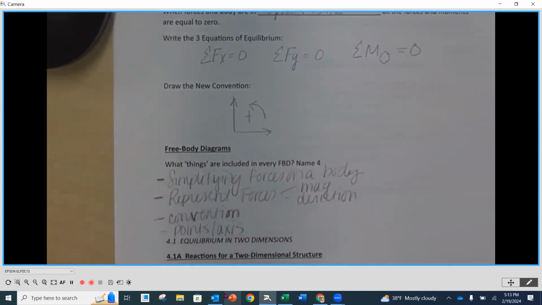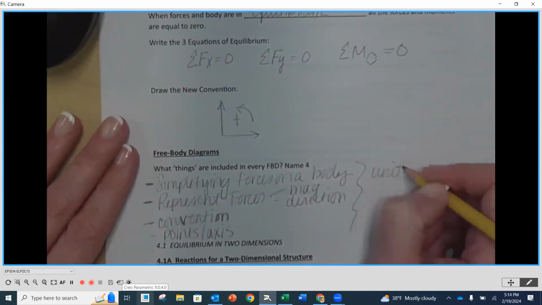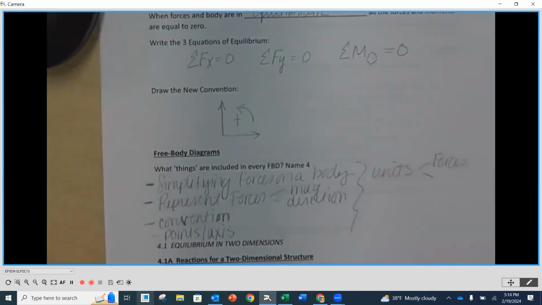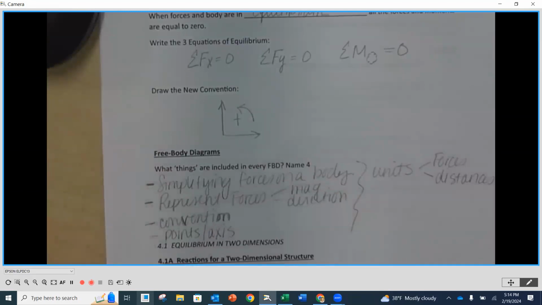So yeah, when we label something A, B, C and such, right? Yep, we have to kind of know and we can see what's going on. What else? Go ahead. Units, absolutely. Units. For both forces and what else? Distances. Yes, we need the distances of the stuff over here, right? Where the points are, where the forces are.